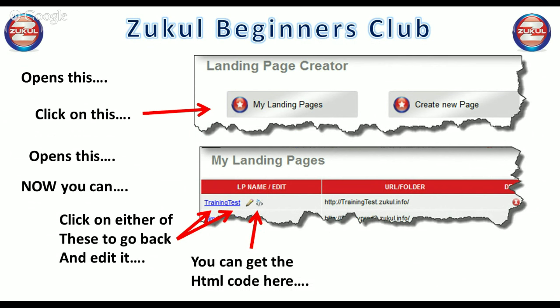You can get an HTML code from that little widget to the right of the pencil, but that is not really necessary at the beginner's level, and even some advanced people won't bother to use it, especially if you're sticking with the Zukul autoresponder. You won't need it. And then in the middle, you've got your actual URL.